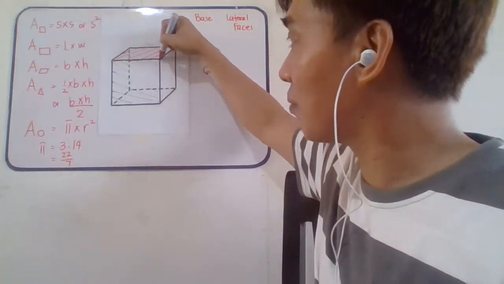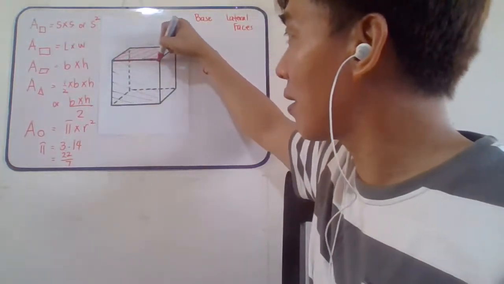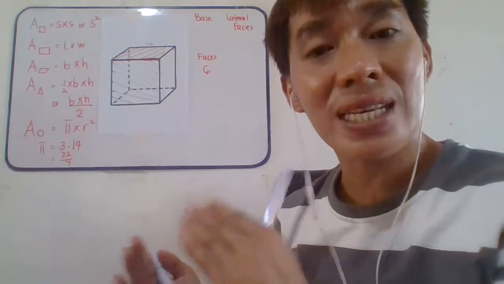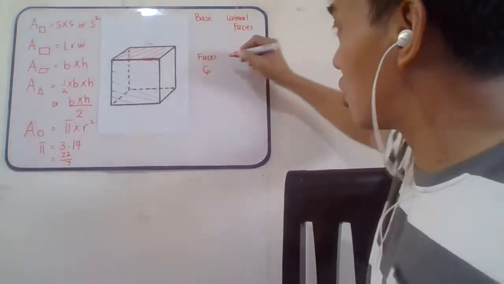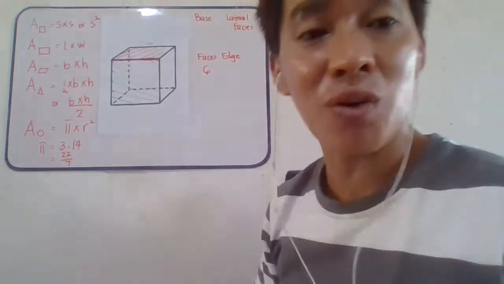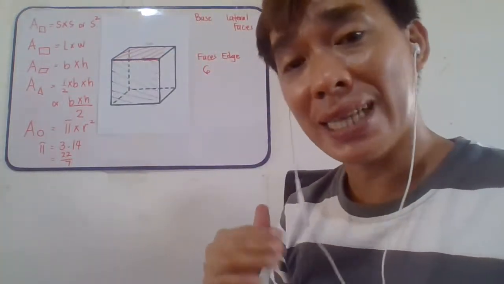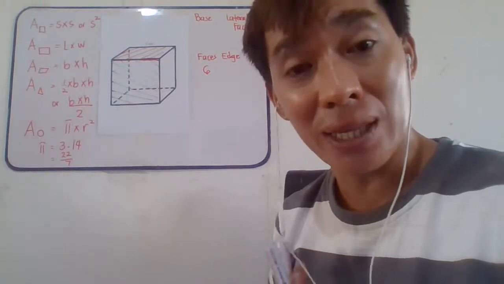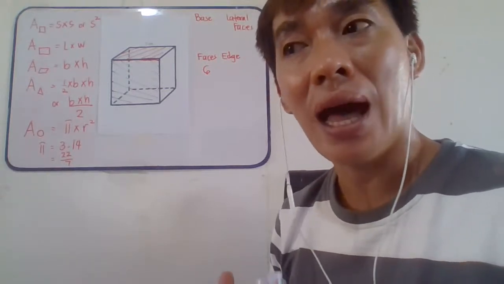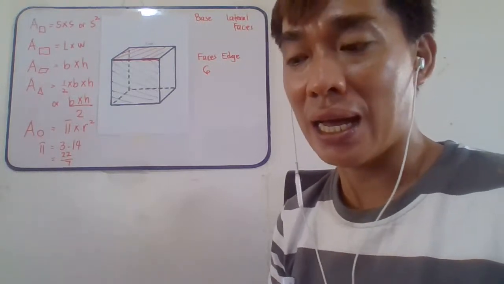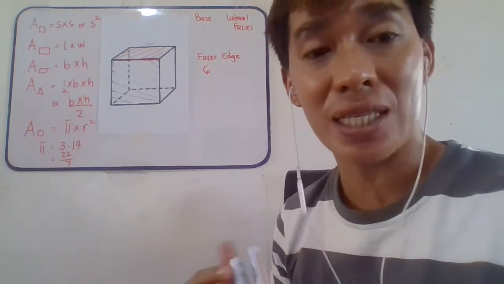They meet here. Where these two faces meet is what we call an edge, or edges. Let's count how many edges there are. Just like for example, your table: the sharp line where two faces meet is what we call the edge.